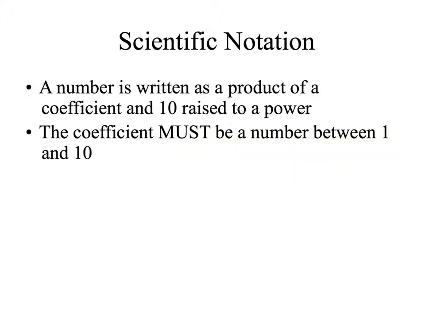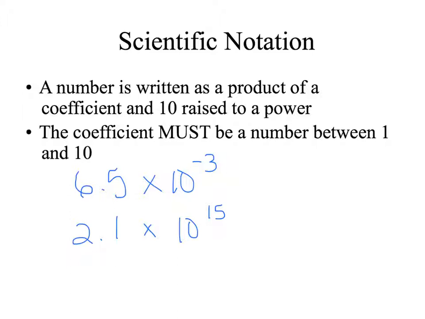Some examples of numbers written in scientific notation would be like 6.5 times 10 to the negative third, or 2.1 times 10 to the 15th power. A number like 10.7 times 10 to the third power is not scientific notation, and the reason for that is we can't have that number, the coefficient, be any larger than 10.